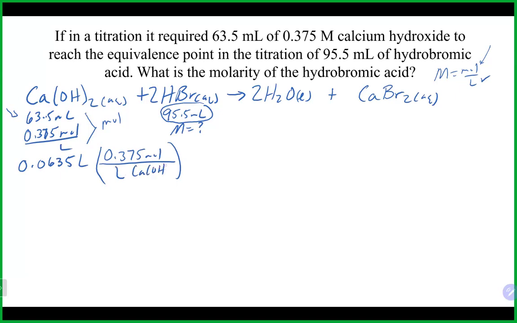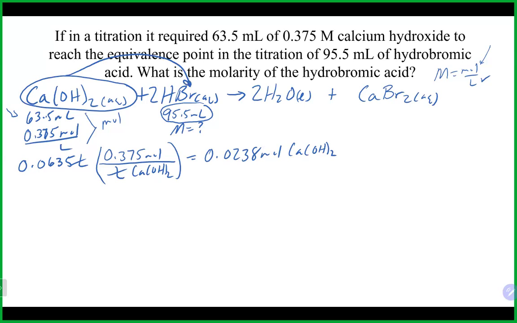Calcium hydroxide. Liters are going to cancel. That is going to get us 0.0635 times 0.375, 0.0238 moles of calcium hydroxide. Once again, we're not interested in calcium hydroxide, but HBr. So this is really the stoichiometry part of the move here to go from our calcium hydroxide to our HBr. It is a 1-to-2 relationship.